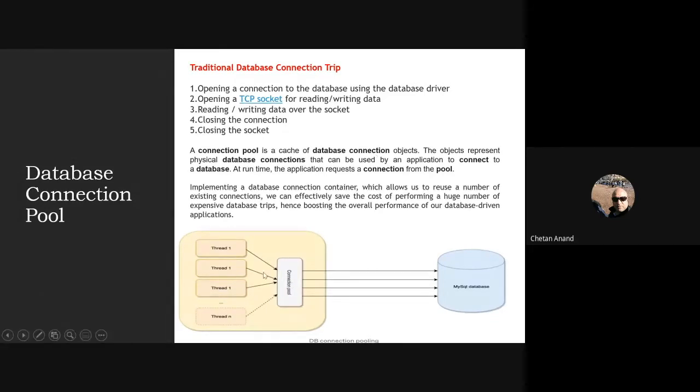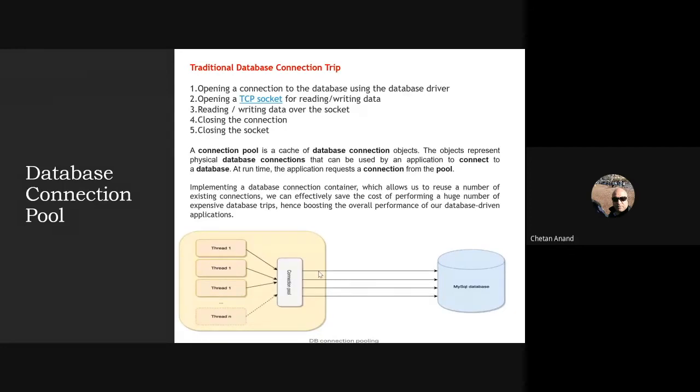In the diagram, thread 1, thread 1, thread 1 means users. They get the connection from the pool, which already has the connection to the database. Subsequently, when you close, you are actually returning it to the pool. And once the application exits, it will disconnect. You don't have to do that; typically, the web application will do that.